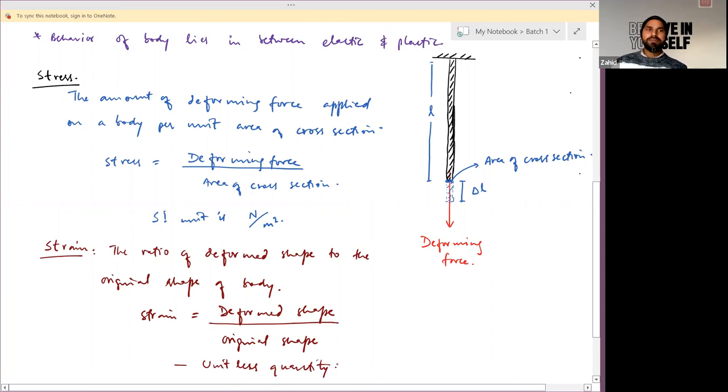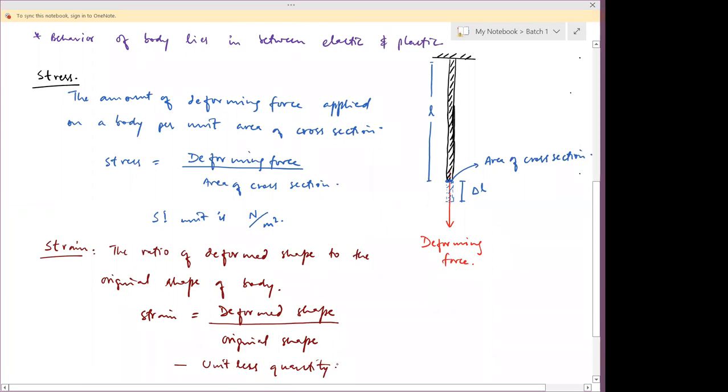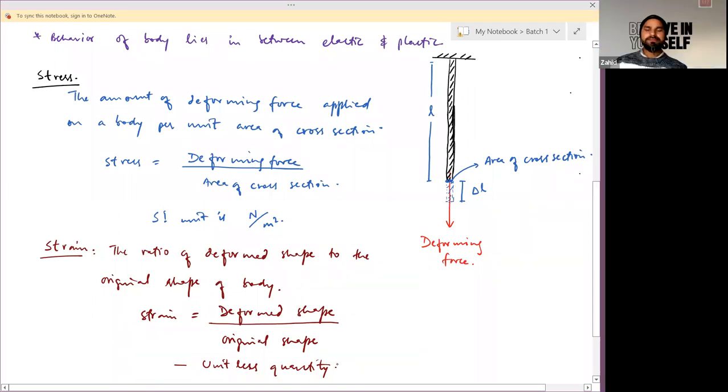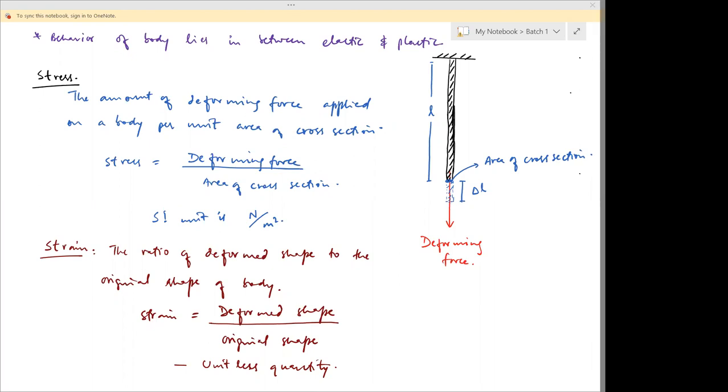Salman, any doubt till this part? No, sir, no doubt. Good. Just write it down. Done, sir.